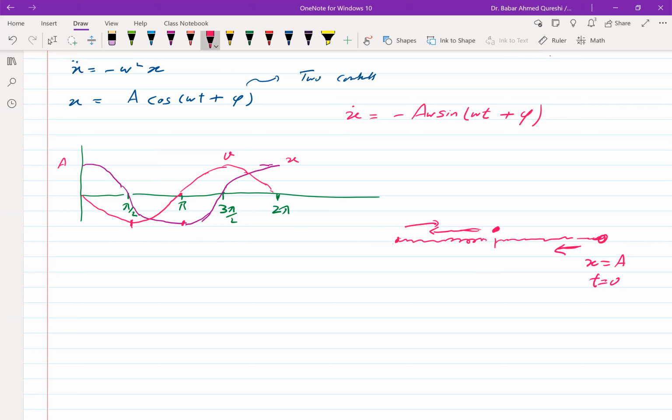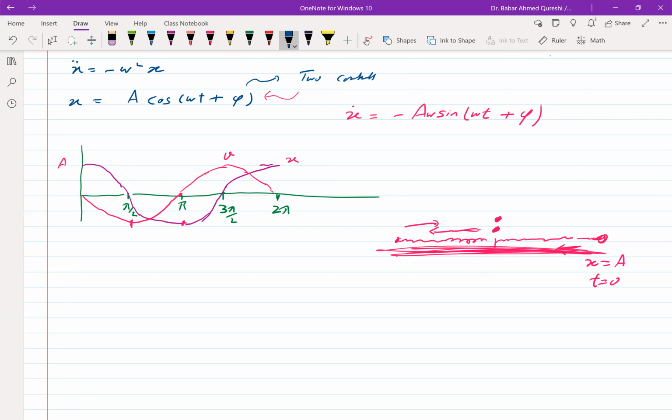This red line is increasing. So again, when it crosses the middle, the speed is maximum. So it stops momentarily at the ends, and it has maximum speed in the middle, and it's just oscillating like this. And since this oscillation is described by a cosine function, cosine or sine doesn't matter. That's why you call it a harmonic oscillator.